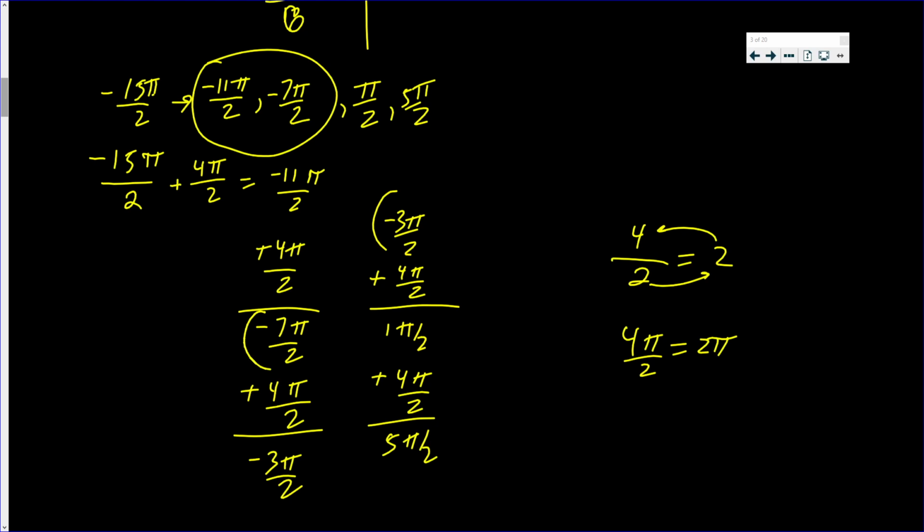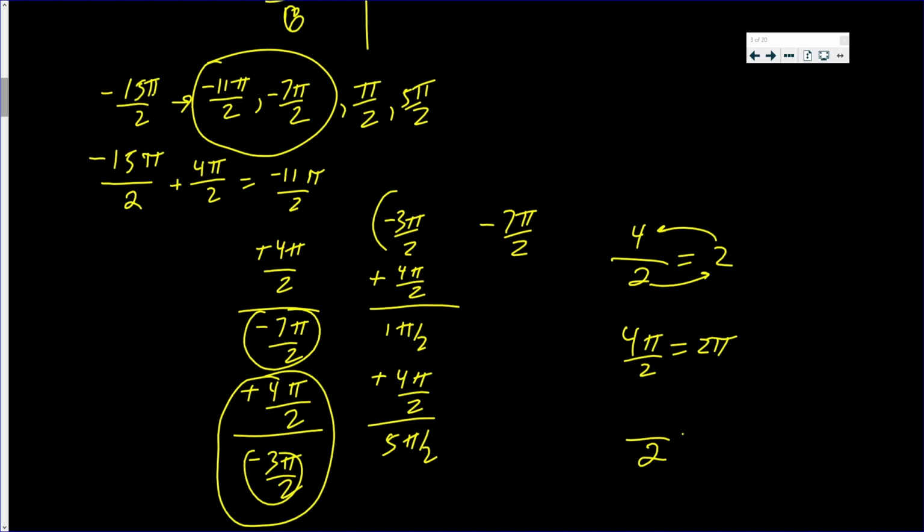So when you were at negative 7 pi over 2, maybe you foresaw that if you add 2 pi's, it'll still be negative. So maybe you want to add 4 pi. So what over 2 gives you 4? 2 times 4 is 8.